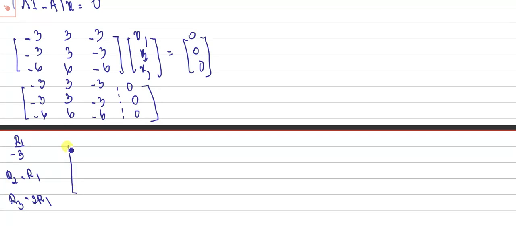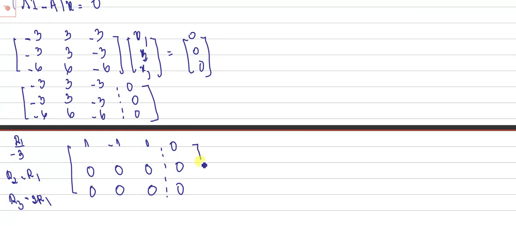So we get our augmented matrix 1, minus 1, 1, and 0. This one is 0, 0, 0, and 0. This one also 0, 0, 0, and 0. Row 2 and row 3 is infinity solution.